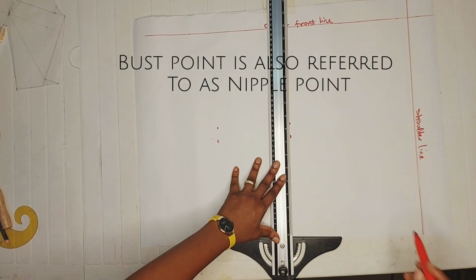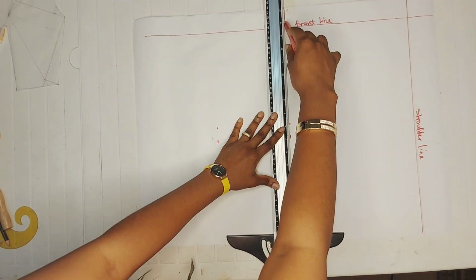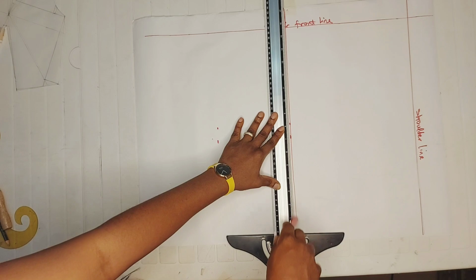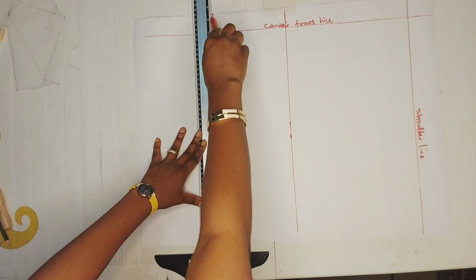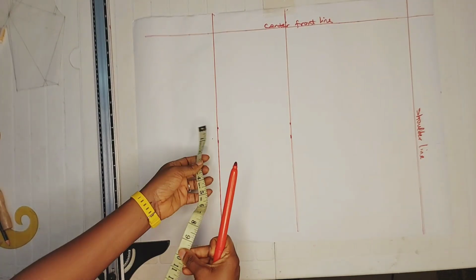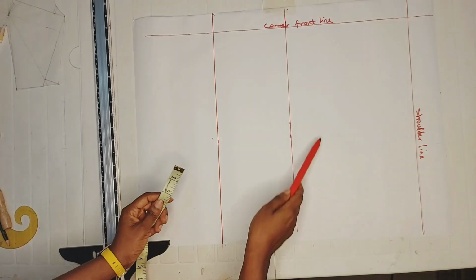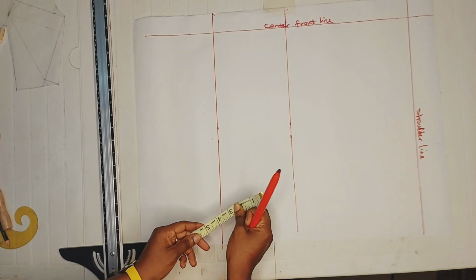I'm going to make a straight horizontal line. The next thing you want to do is to mark your bust line.